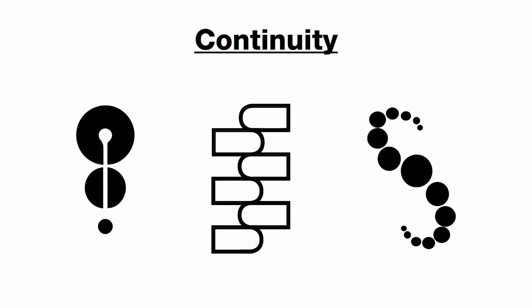Here are some more examples of this principle. On the left-hand side, we have these black circles with a white line running through the middle, or what appears to be a white line. It could also just be empty space. In the middle, we have a series of oval-like shapes, right?